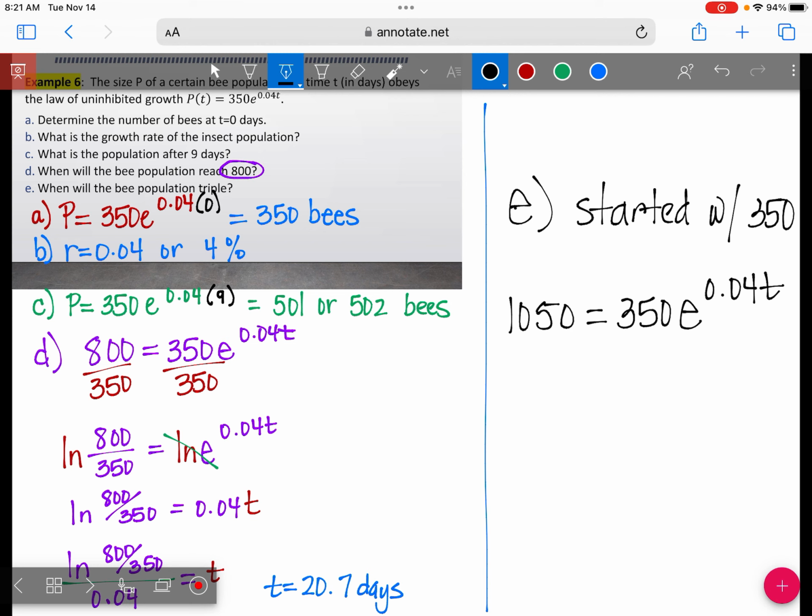Same steps. Divide, put in a natural log, and divide again. Put in our natural log.